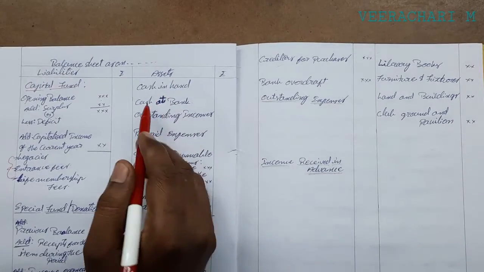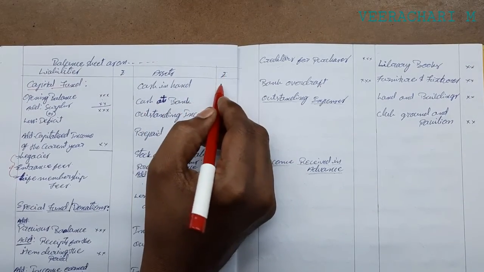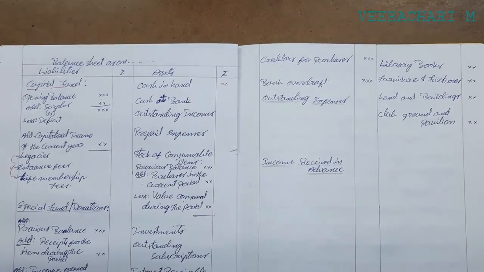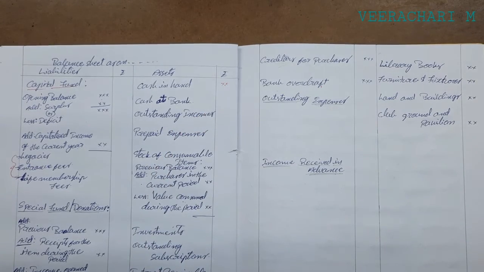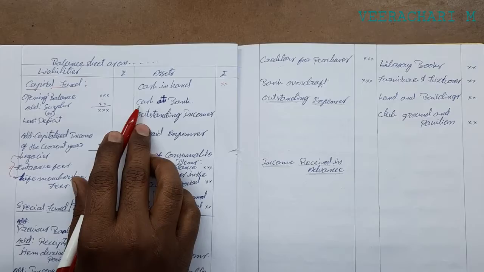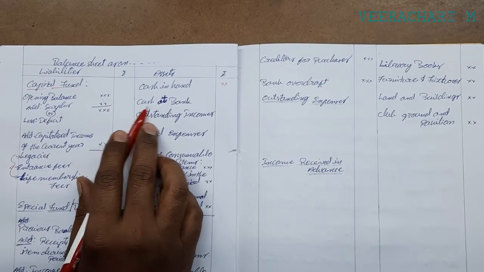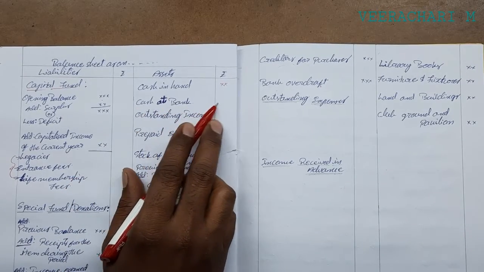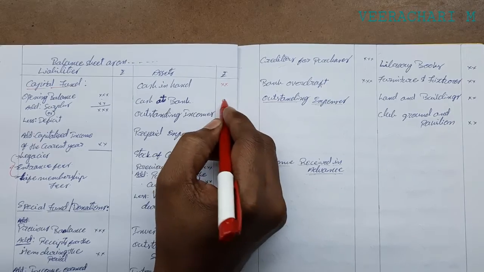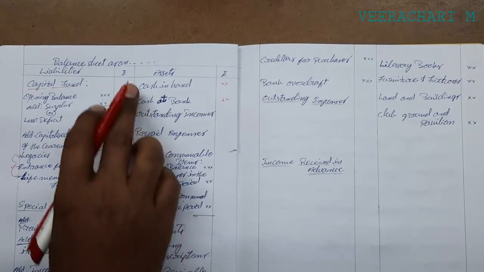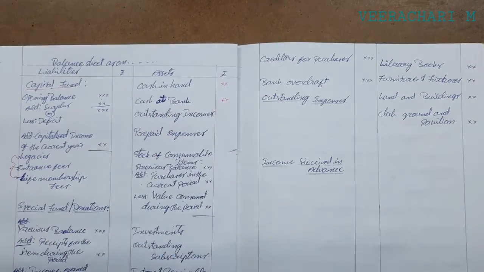Next, if you come to the assets, there is cash in hand, that is the closing balance of the receipts and payment account. We write that here, and the closing balance of bank also we should write under cash at bank.